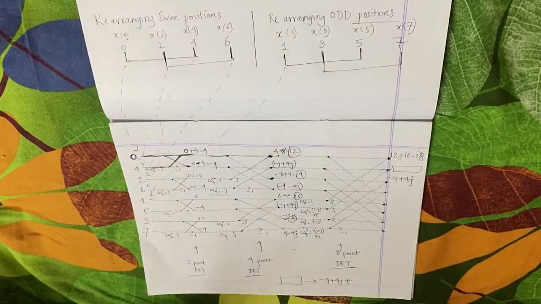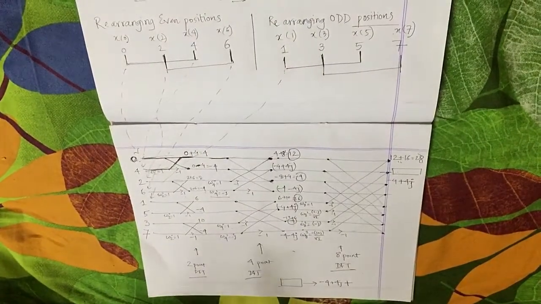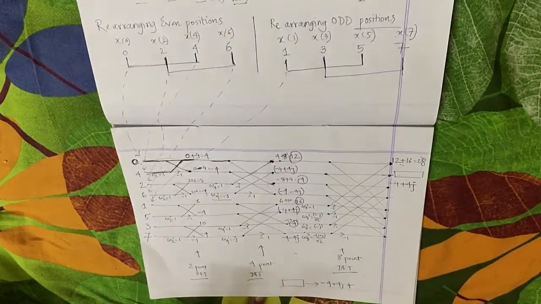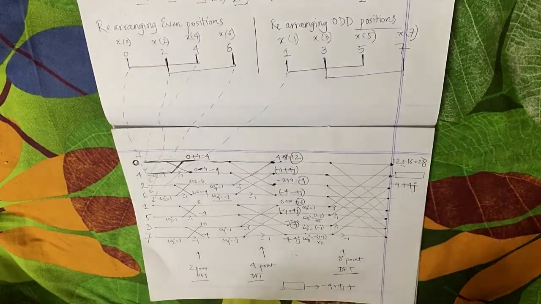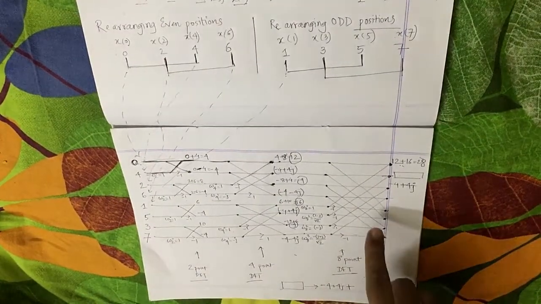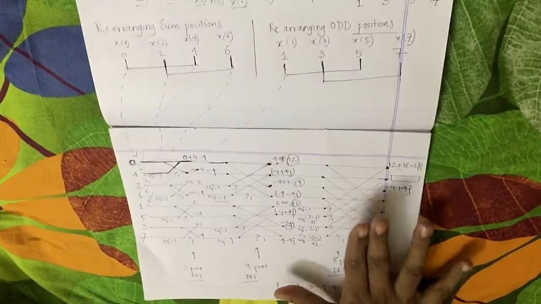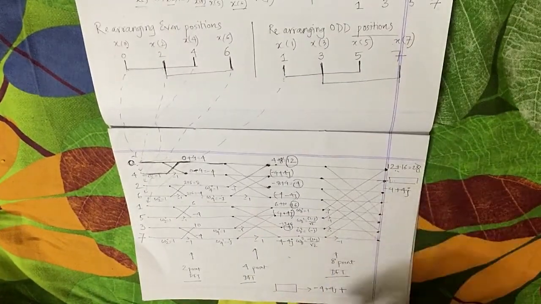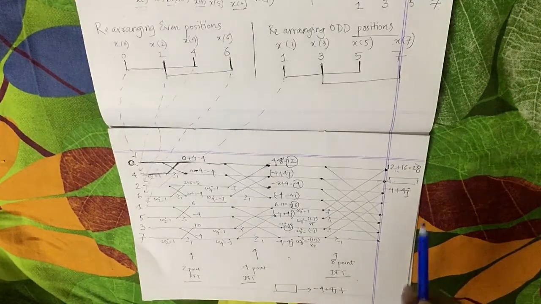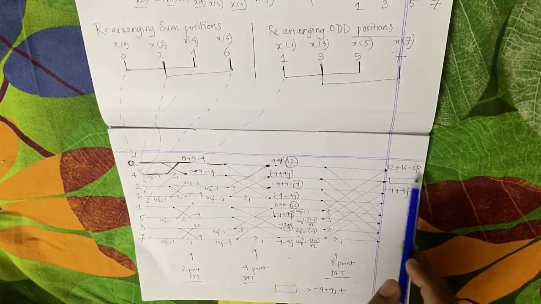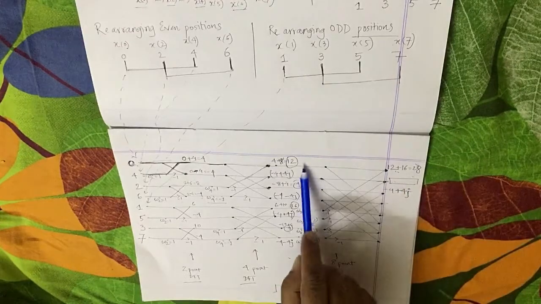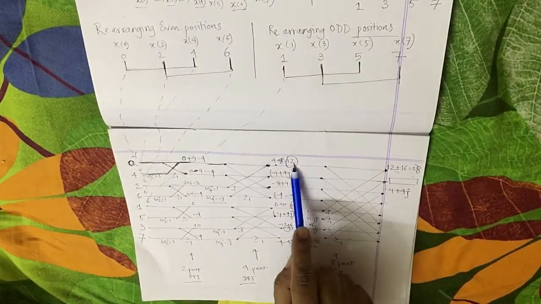So now that we have discussed the segments of 2-point DFT and 4-point DFT, now it's our turn to turn our focus to 8-point DFT. As you can see here, this portion is responsible for solving the 8-point DFT part. I have written down a result over here. This 12 is coming from this line.